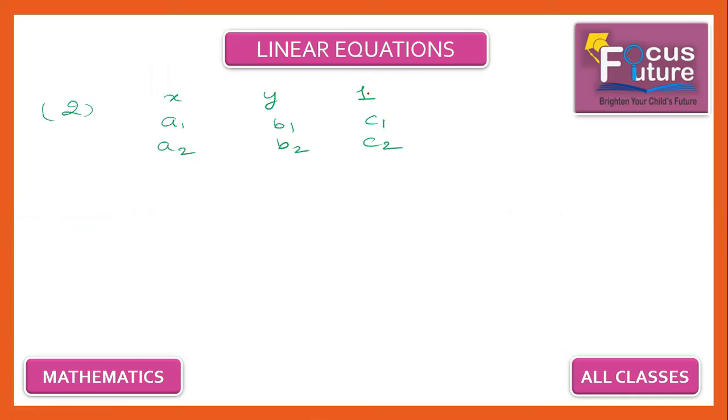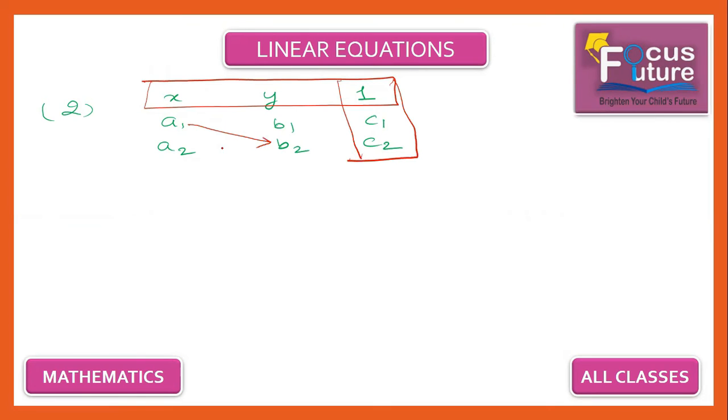Calculating the value of this constant, you would leave this row and this column. Now, whatever is left, just cross multiply: a1 b2, a2 b1. So you would write it as 1 divided by a1 b2 minus a2 b1.